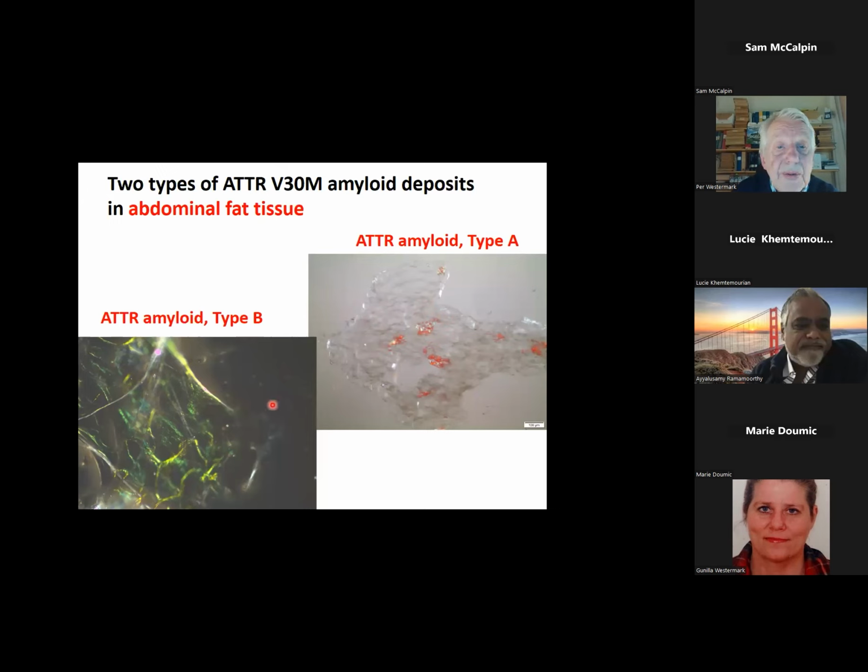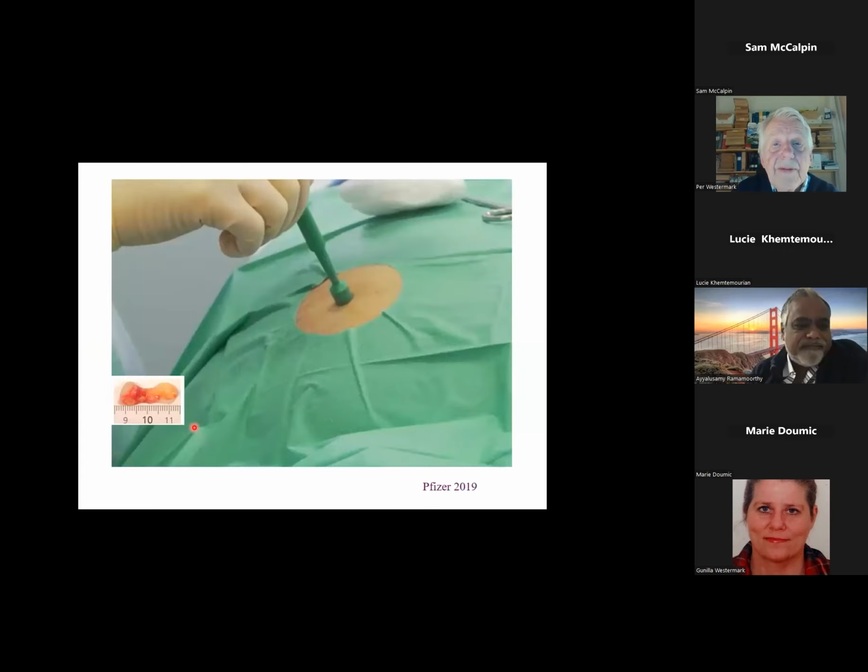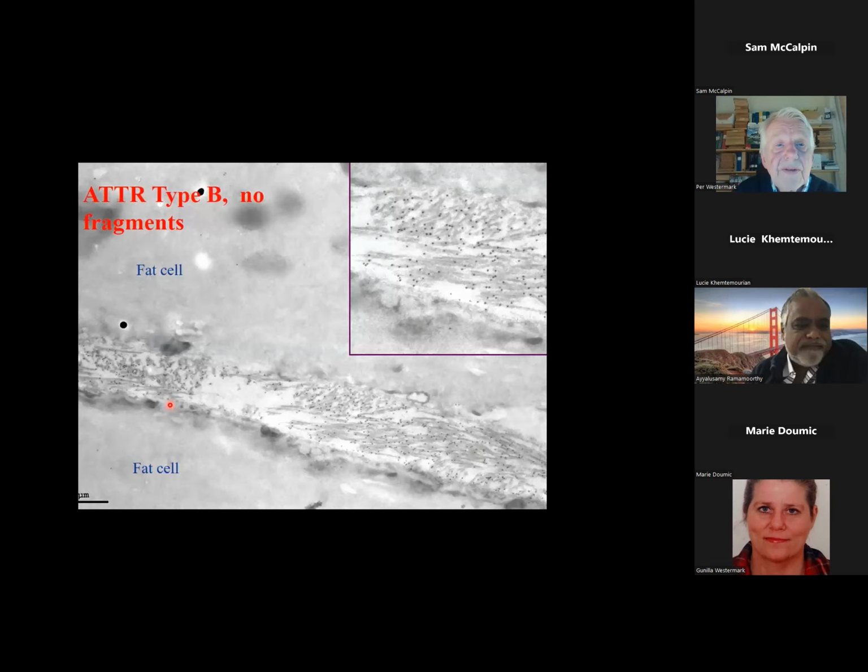And also in the subcutaneous tissue, you can see the same kind of variability with type A fibrils and type B fibrils. This can be obtained easily with a punch biopsy, where you can get a good amount of fat tissue and then study it in different ways.